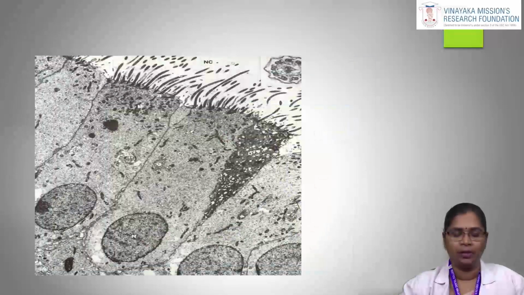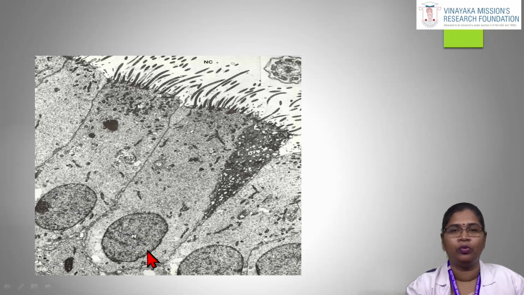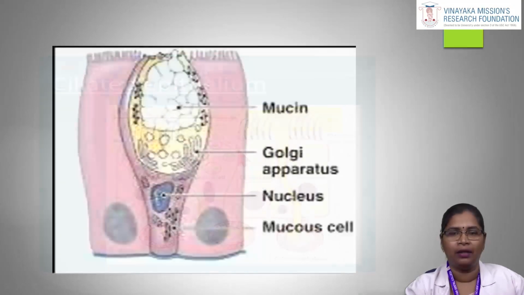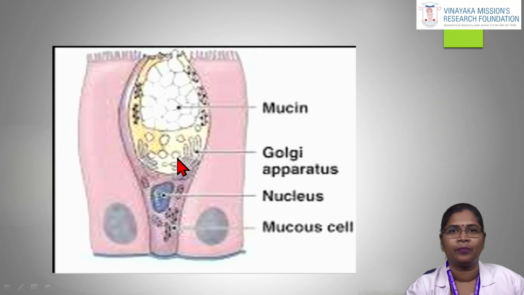Now we will describe the goblet cell. It displays all of the characteristic features of secretory cells. In its basal segment, the cell is occupied by the nucleus. The cytoplasmic network consists of rough and smooth endoplasmic reticulum and the Golgi apparatus, all of which are involved in the secretion of the mucus substance.